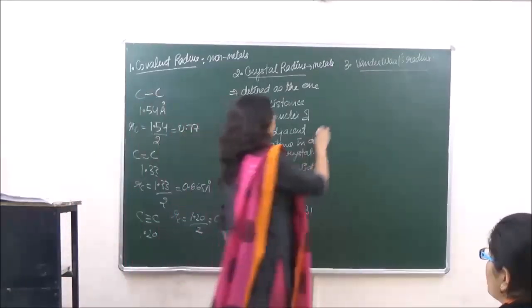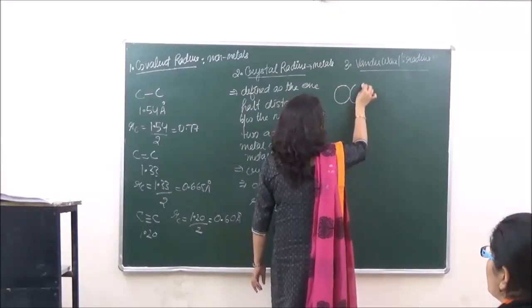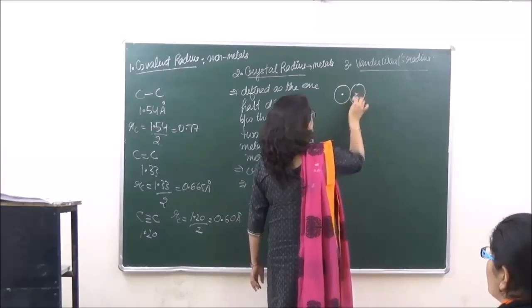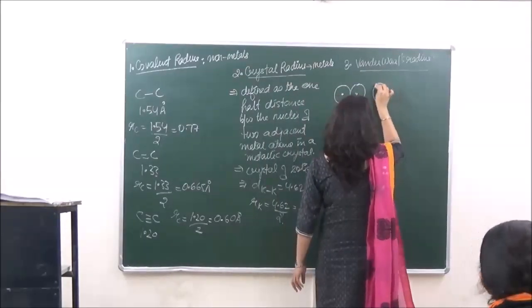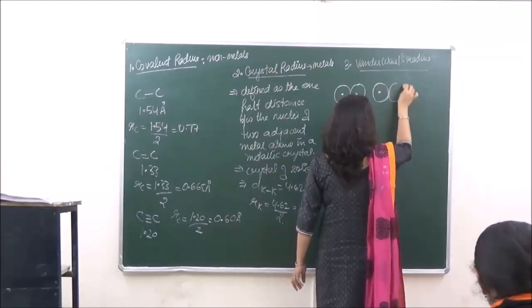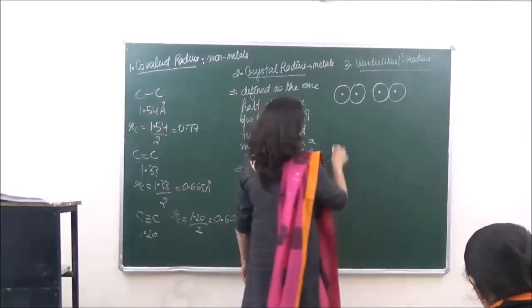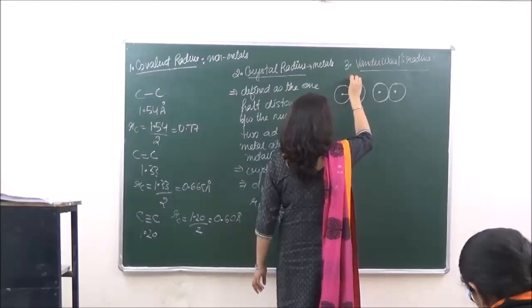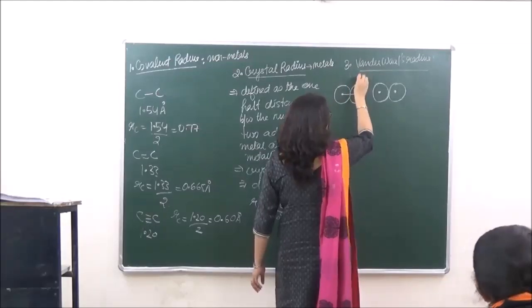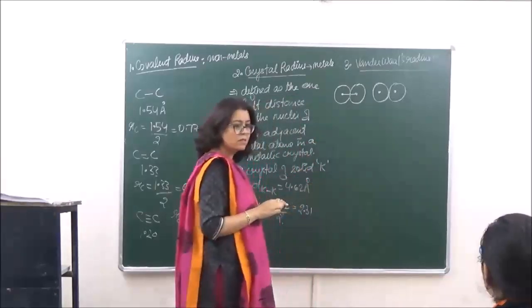So in this case, if we have one molecule over here, and we have another molecule over here, and we take the distance between the two as this, then the half of this is going to give us the atomic radius.